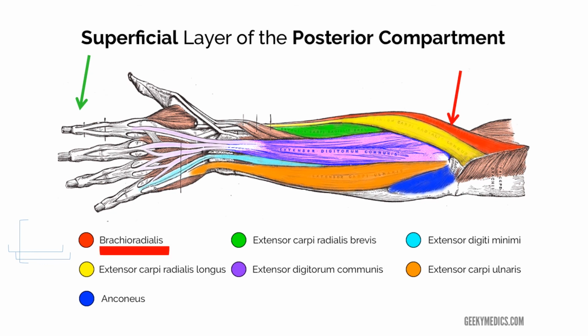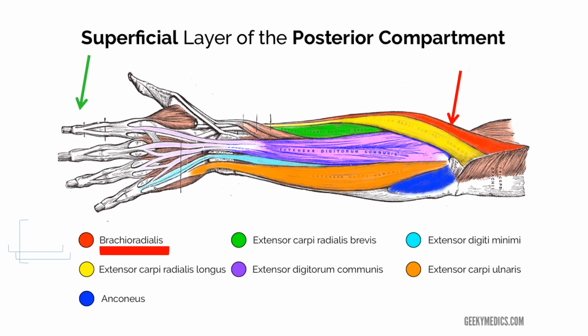This muscle is separating the anterior compartment from the posterior compartment, and from its name it comes from the humerus, the brachium, to the lower end of the radius, and it arises from the lateral supracondylar ridge of the lower end of the humerus. This is something you know by now.